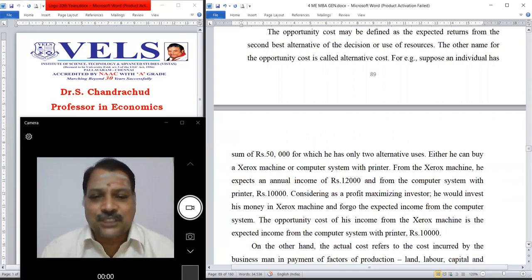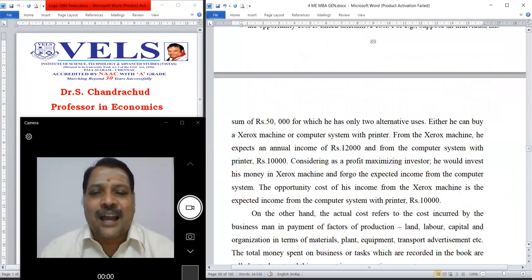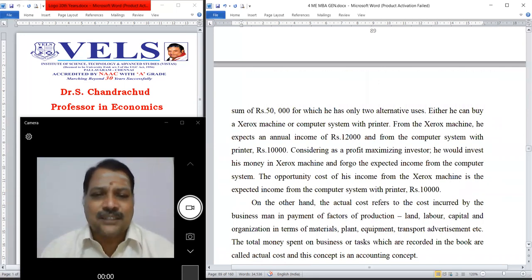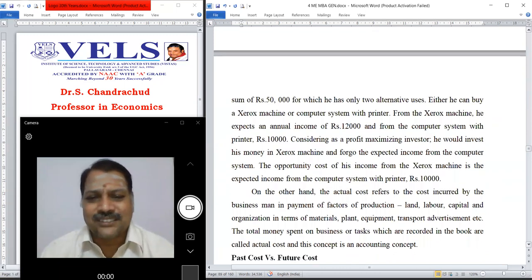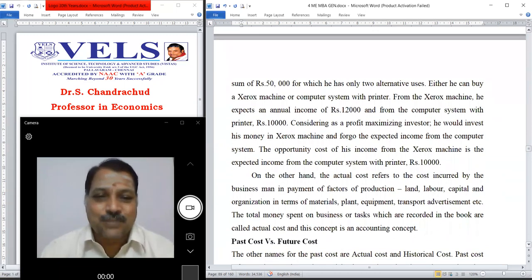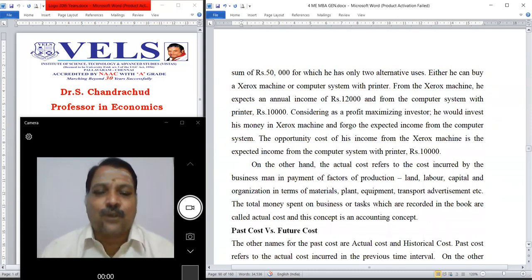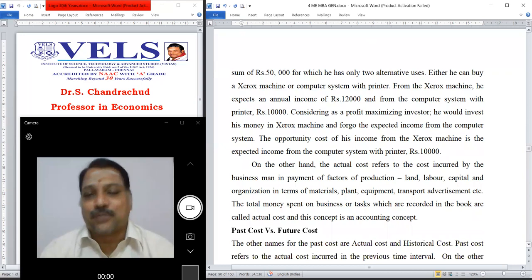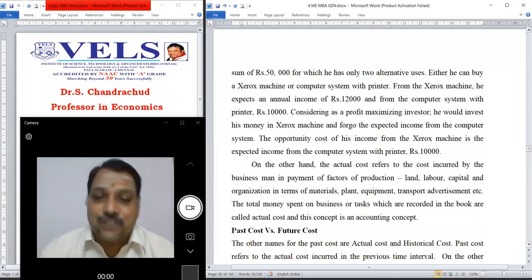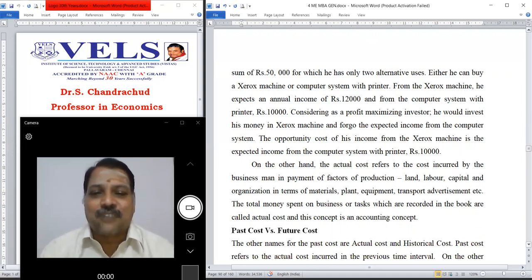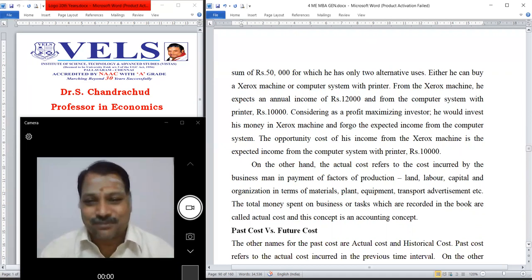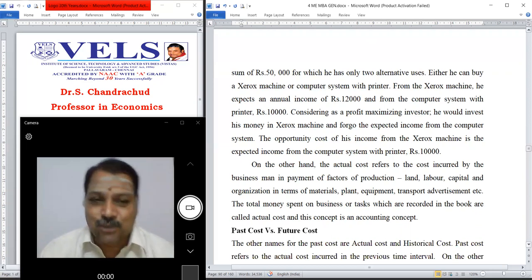From the Xerox machine, he expects an annual income of 12,000 rupees, and from the computer system and printer, he can earn 10,000 rupees. Considering as a profit maximizing investor, he should invest his money in the Xerox machine and forgo the expected income from the computer system. Why? Because the opportunity cost of his income from the Xerox machine is the expected income of the computer, which is only 10,000, because the Xerox machine gives 12,000 rupees, but the computer system and printer give only 10,000.